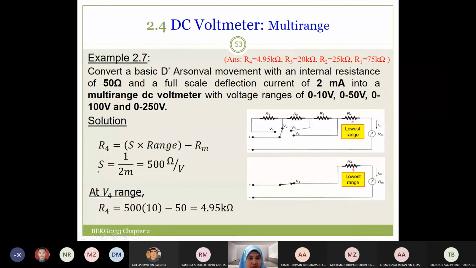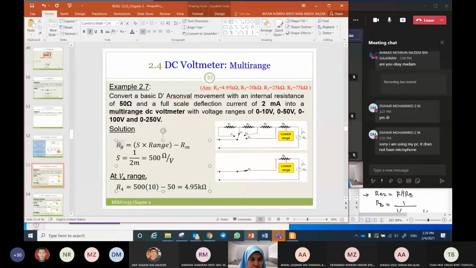And we know that S is equal to 1 over I, 1 over 2 milli. We get 500 ohm per volt. Actually, this is the general formula. No need to put R4 here.